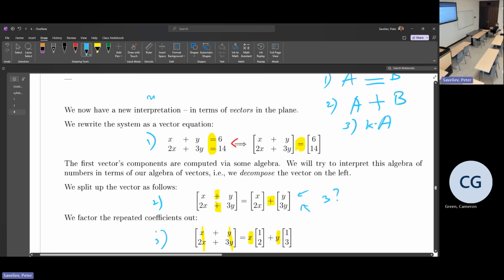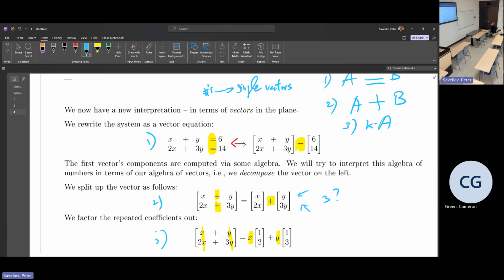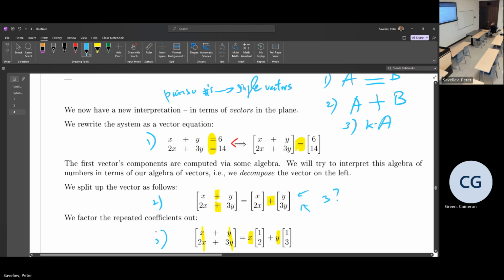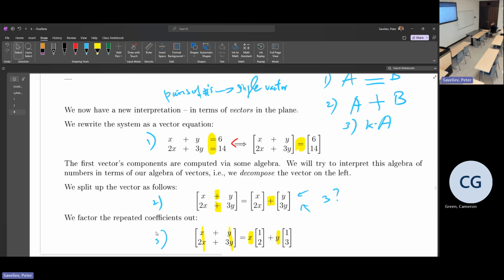Multiple numbers converted to single vectors. Multiple meaning pairs of numbers. Pairs of numbers are each converted to a single vector, and we did it multiple times. So X times 1, 2, what does it mean?